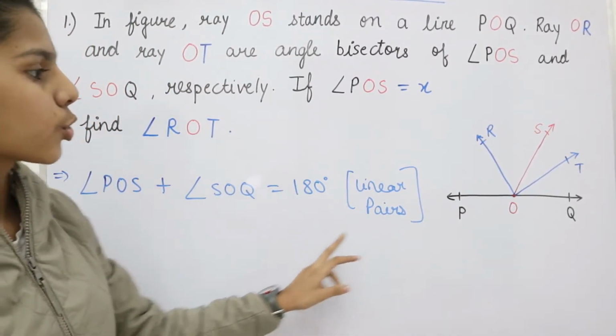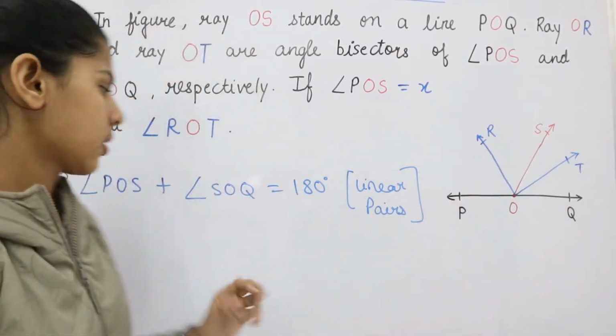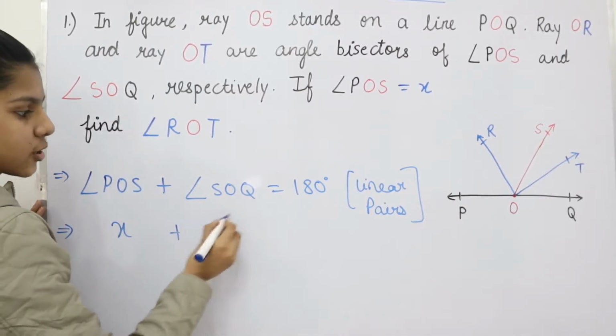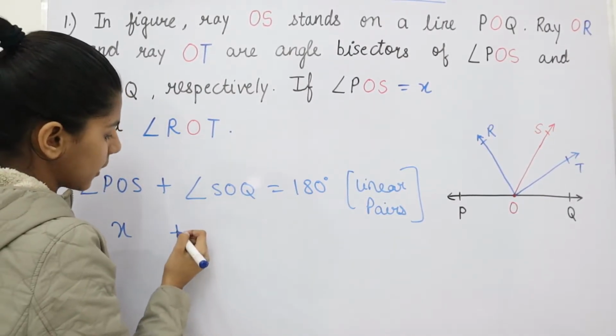Now it is given in the question that POS is equal to X, which means this angle is X, plus SOQ, which we are not aware of. We will calculate it.